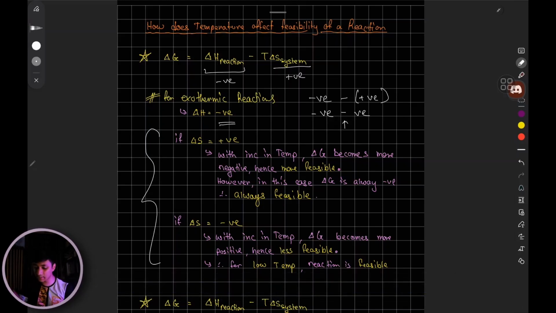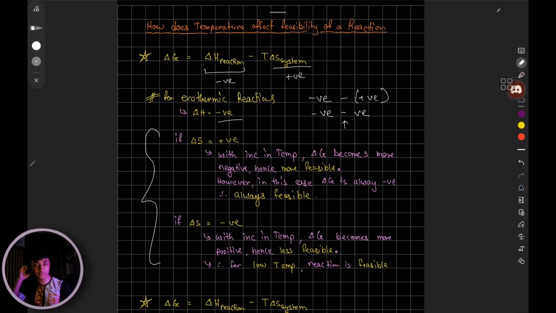Therefore, with increase in temperature, if your change in entropy is positive and change in enthalpy is negative, in that case, as you increase the temperature, the reaction becomes more feasible. Therefore, the forward reaction is faster. The rate of forward reaction is faster. Okay, so either way, the reaction will always be feasible since the change in Gibbs free energy is always negative, right?